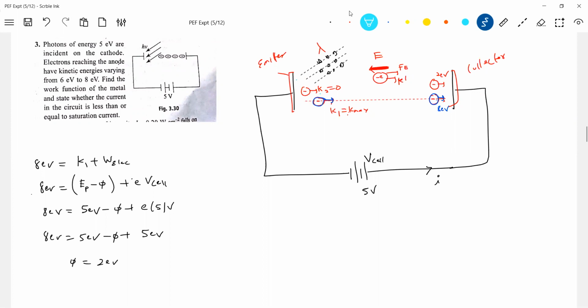How much energy should they acquire when they reach the collector? 5 electron volt.